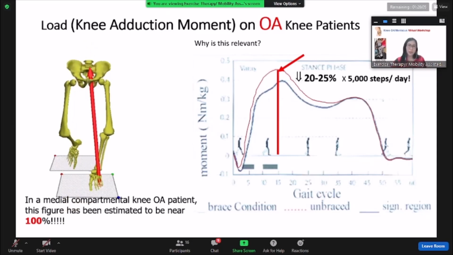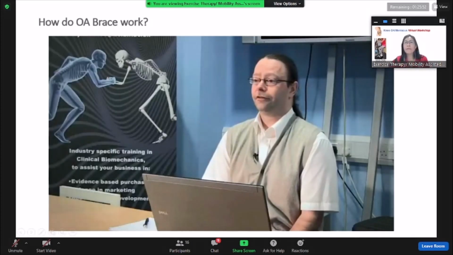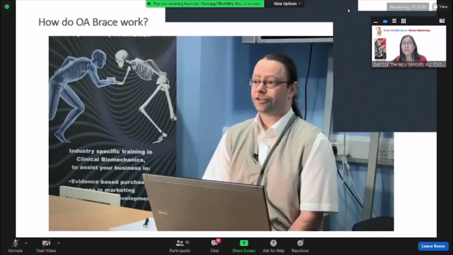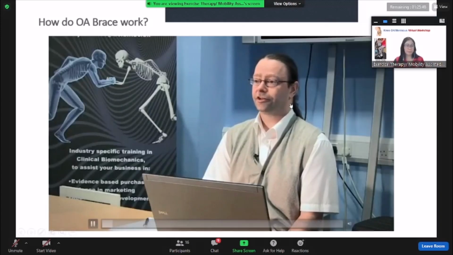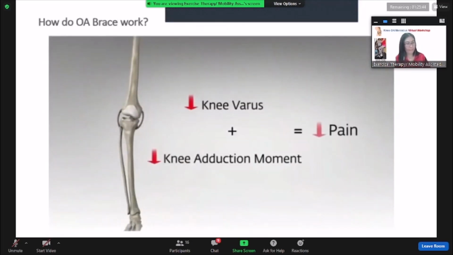So how does the OA brace work? We have Prof. Jim Richards here, professor in biomechanics from the University of Central Lancashire, UK, to share with us. We have found that knee OA bracing can reduce the knee varus deformity as well as the knee adduction moment.